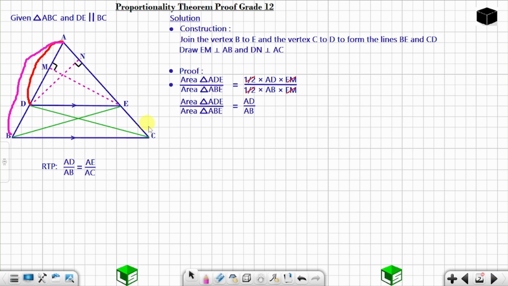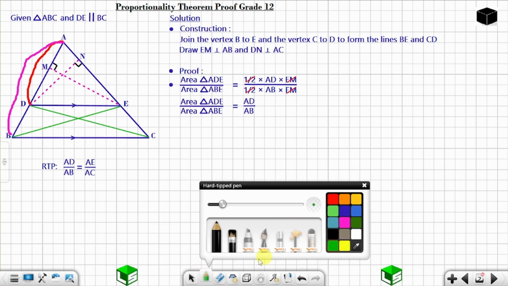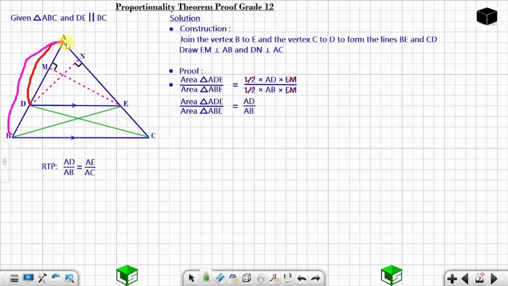Now on this side we are going to use AE over AC. You are going to need AE over AC.